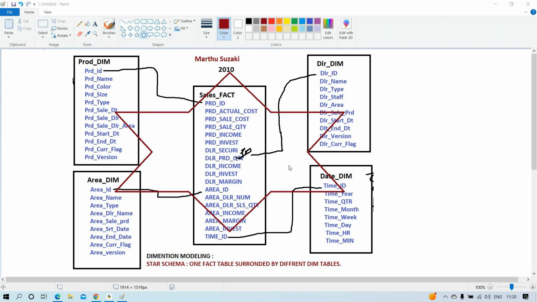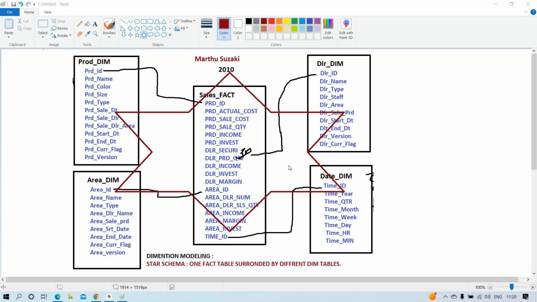See, modeling is nothing but relationship creation. Modeling we are doing to create a relationship. That is mandatory. That's what ER modeling we do in the OLTP. Coming to dimensional modeling, it means the relationship we create between dimensions and facts.